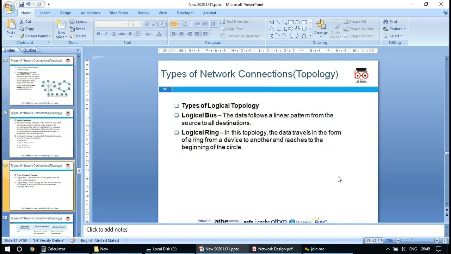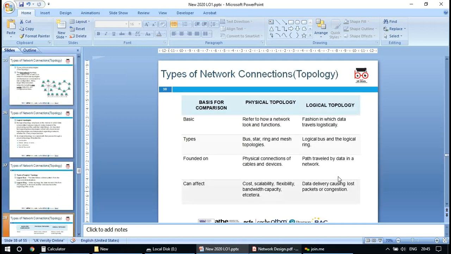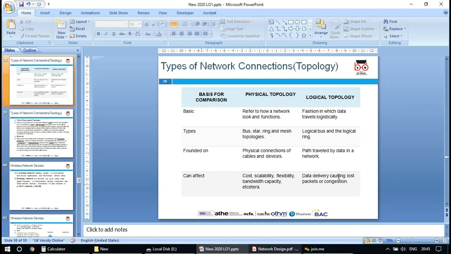When we talk about Ethernet, before I discuss a little bit more on the logical topology, here is the comparison between the physical and the logical one.